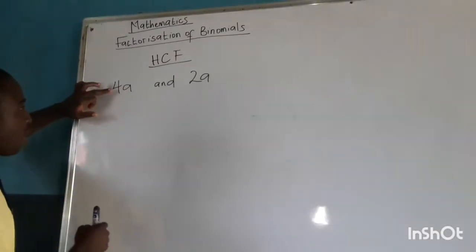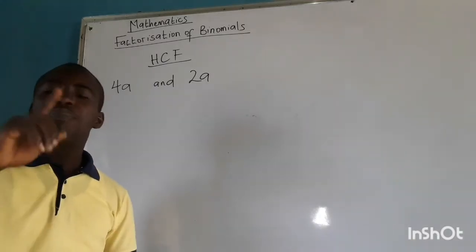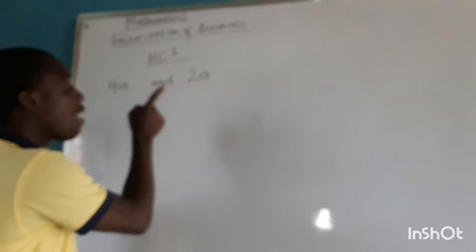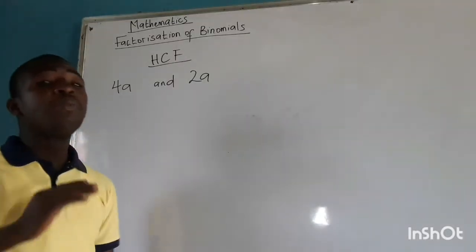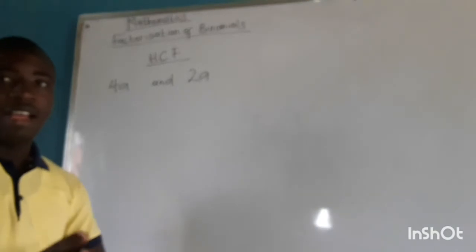Now, the numbers are 4 and 2. So in this case, you just ask yourself one question. Wetin be the biggest number we fit divide these two numbers? The biggest number. But the number must not be past their 2. The biggest number will be say, if I can divide this one, I will get my answer, no remainder.